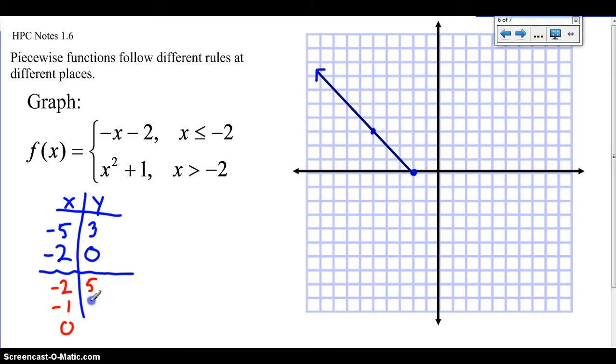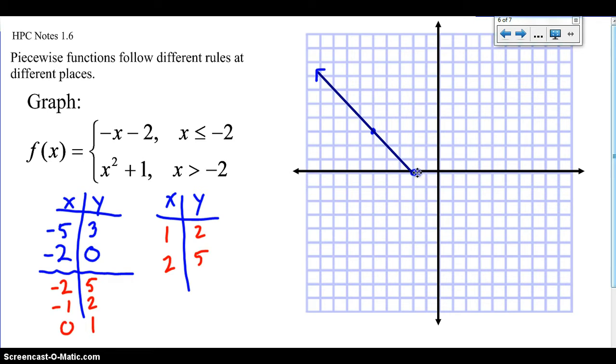There's 1 plus 1, so that's going to be 2. 0 is going to give me 1. I believe, looking at this, we're going to need to go a little bit further because you can see that we're still moving downward. And I know this is a parabola that opens upward. So I'm going to go further and we'll do 1, and we know that would be at 2. And then at 2, we would be at 5. And I think this is starting to take shape.